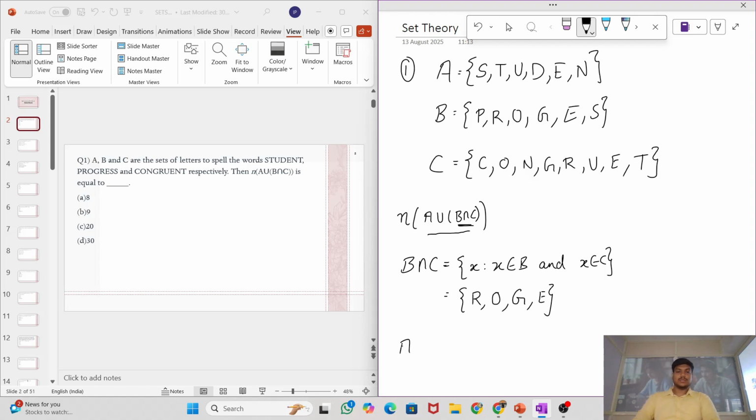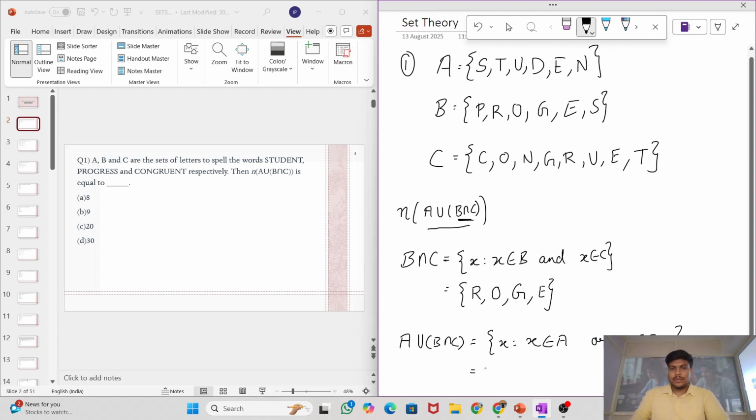Now let's take B intersection C's union with A. So I'll get elements such that either they belong to A or they belong to B intersection C. Here we see S, T, U, D, E, and N. These elements belong to A, and now R belongs to B intersection C, O belongs to B intersection C, and G. And again, E won't be written again because no repetition.